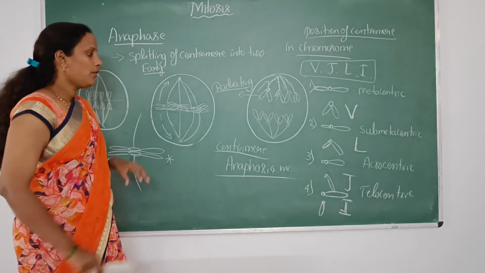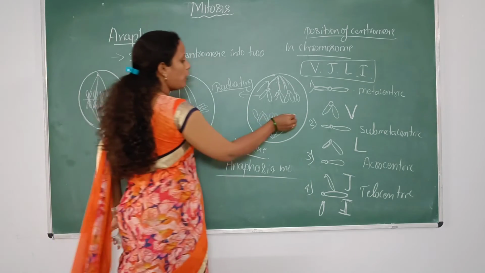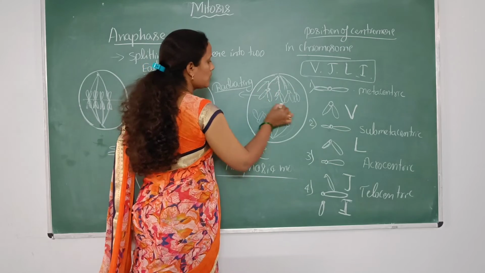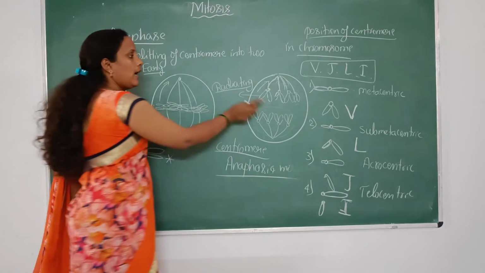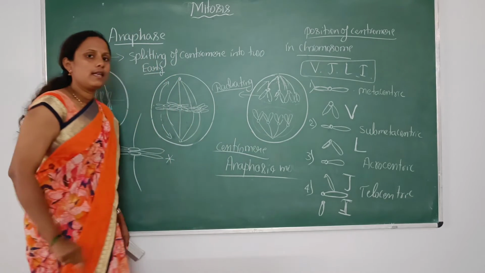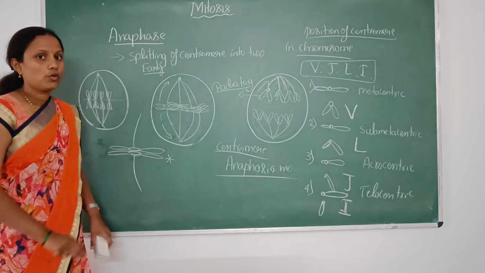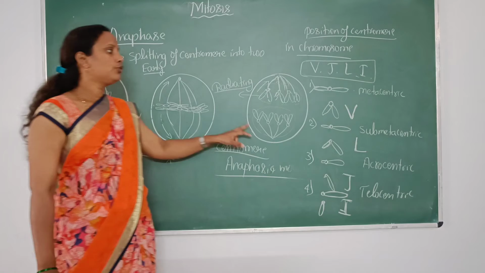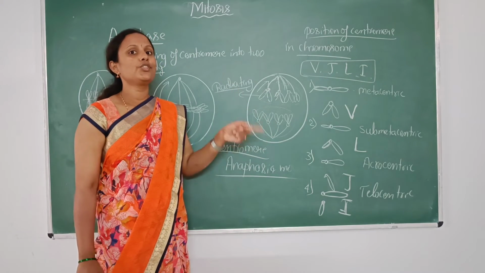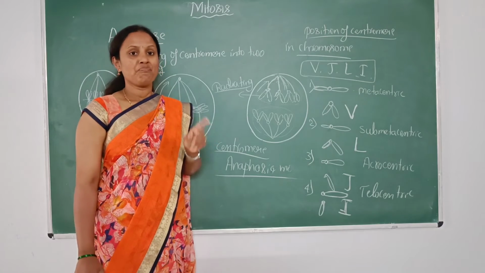And by the end of anaphase, there is a formation of two groups of chromosomes at each pole. At one pole, one group of chromosomes, and at another pole, another group of chromosomes. And remember, these two groups of chromosomes are the chromosomes of future daughter cells.